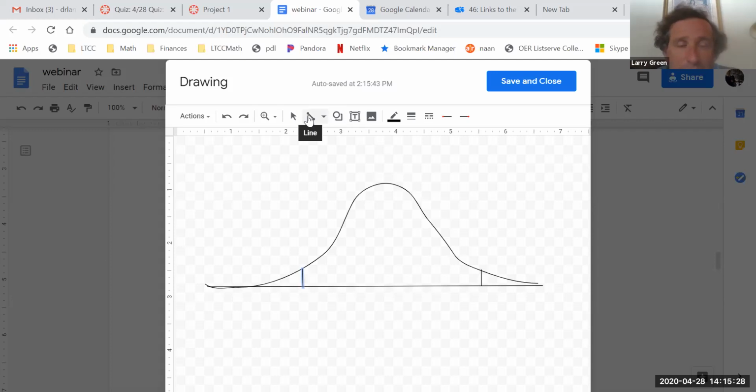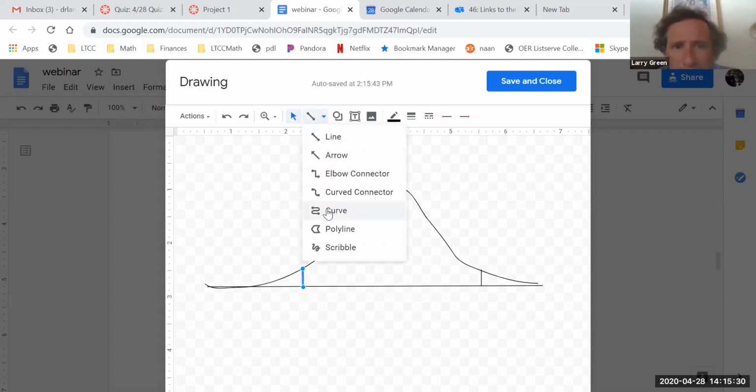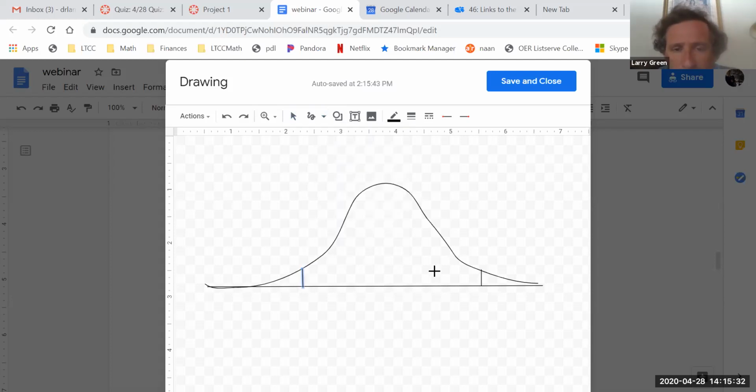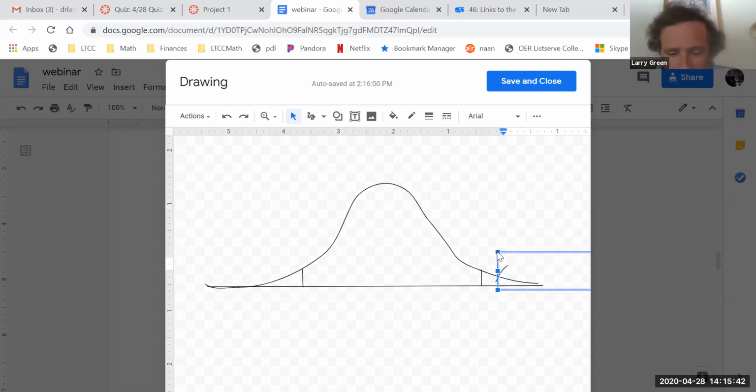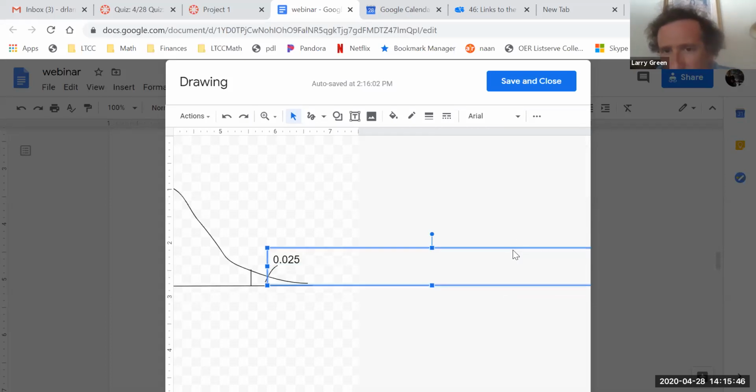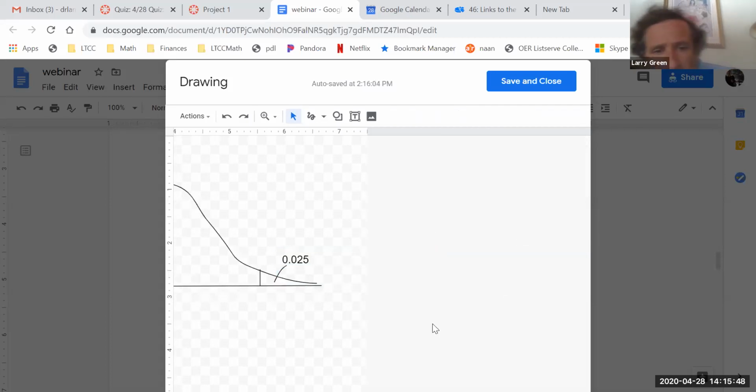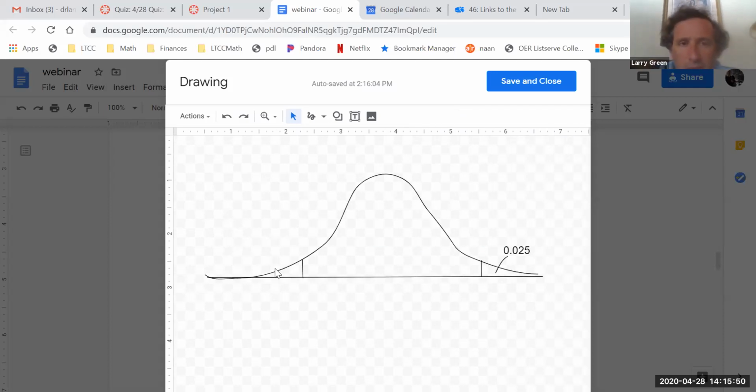Now what I can do is say that area there is 0.025. But it's a symmetric picture.